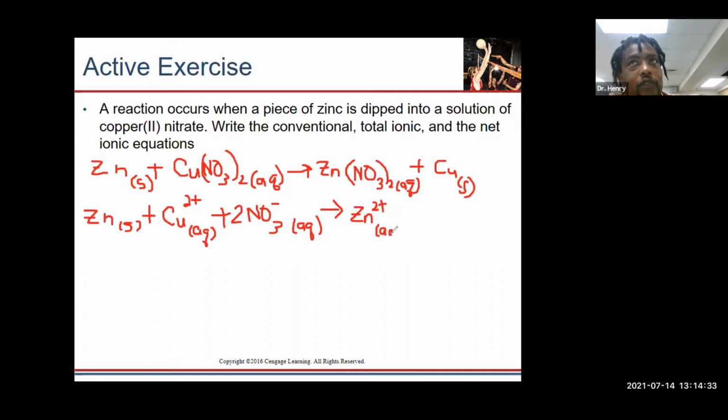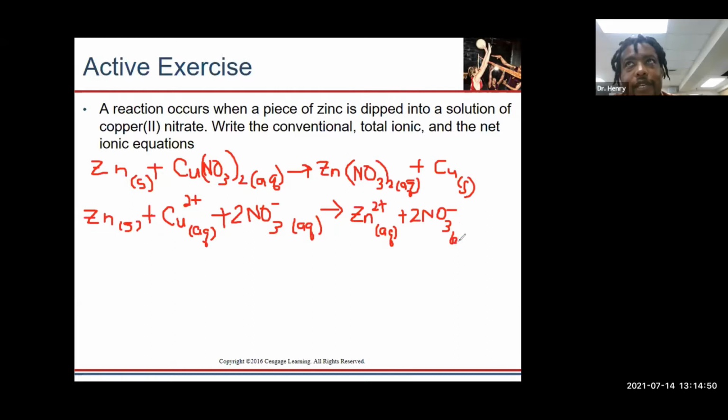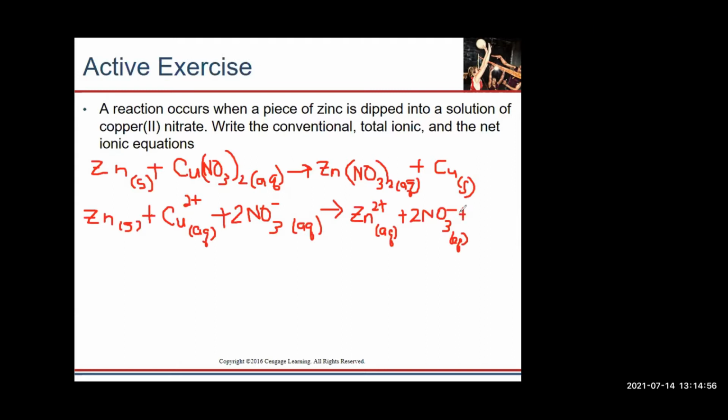Plus 2NO3 minus. And then plus Cu 2 plus aqueous. And plus copper metal, solid. Yep.